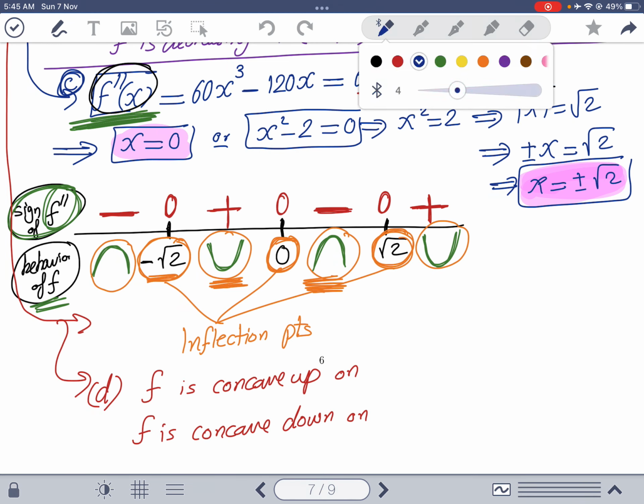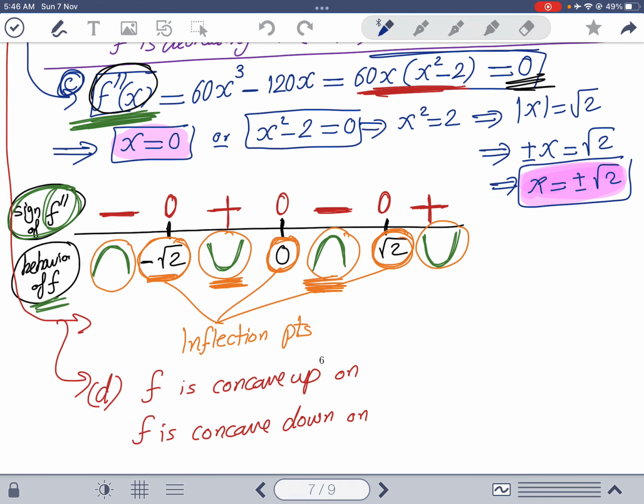So the first one, concave up, we see here it's up and here. So between minus radical 2 and 0, it's concave up, union, and also from radical 2 on to infinity.